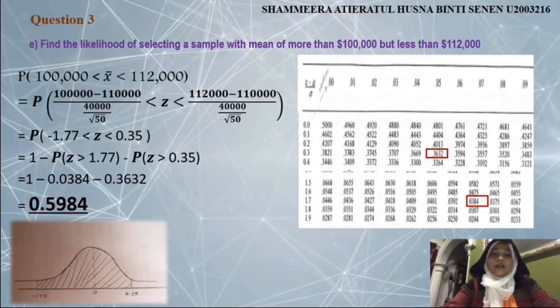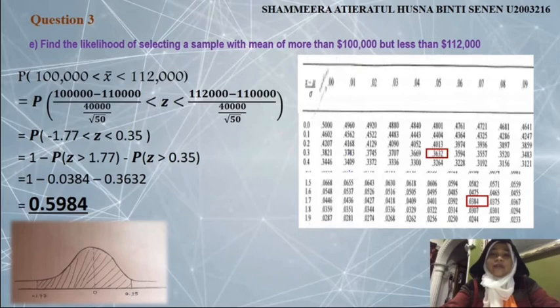We have to remember that to use the normal distribution table, all the values must be positive and must be greater than. So we have to change the symbol of inequalities to be greater than. So that's why it will be 1 minus P(Z > 1.77) minus P(Z > 0.35).